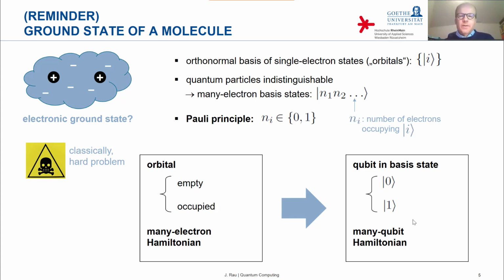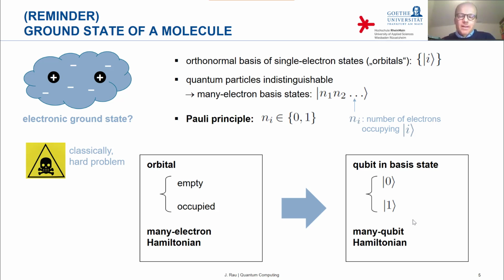Furthermore, we discussed last week a problem that often arises in quantum chemistry, namely that you seek the ground state of a molecule. And we discussed the fact that this too classically is a hard problem, scales exponentially with the number of electrons in the molecule. And this kind of problem too can be mapped to a problem regarding qubits.